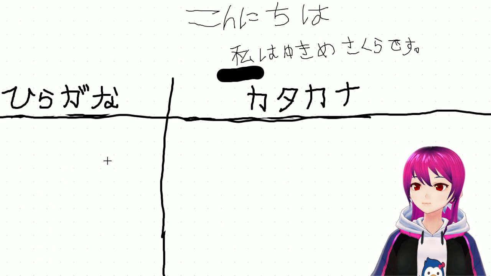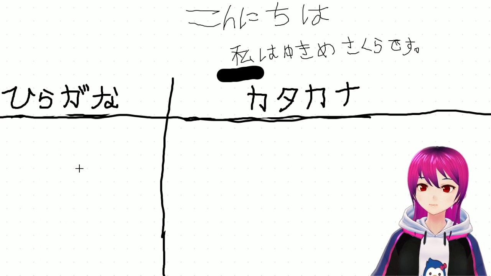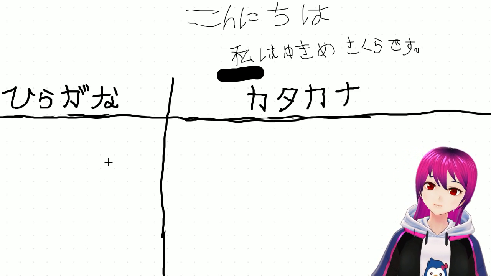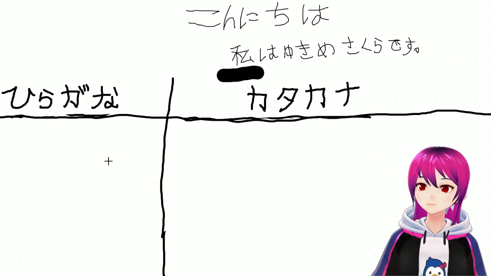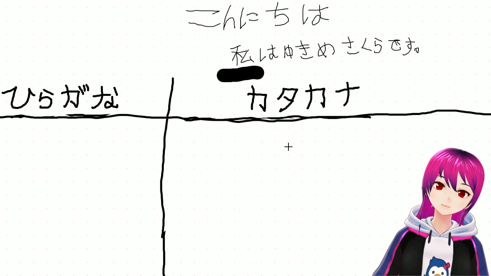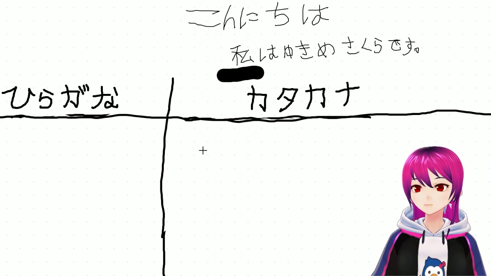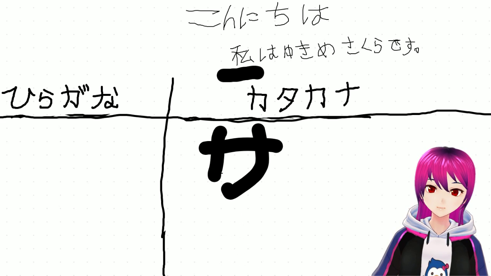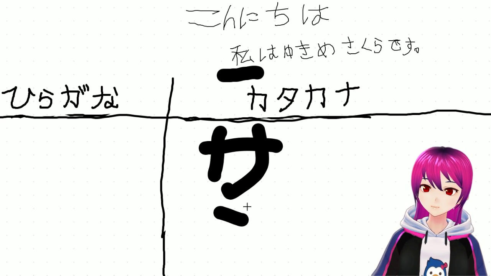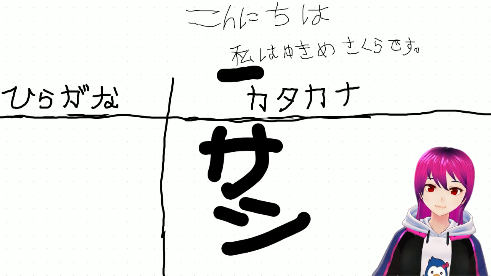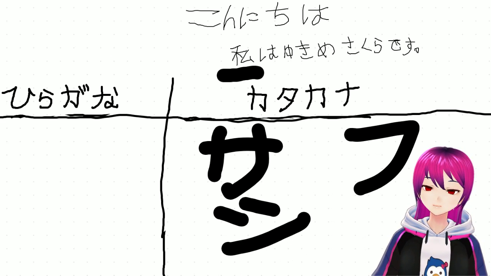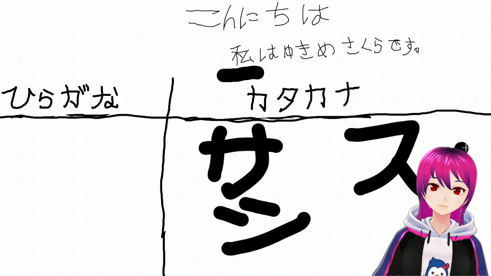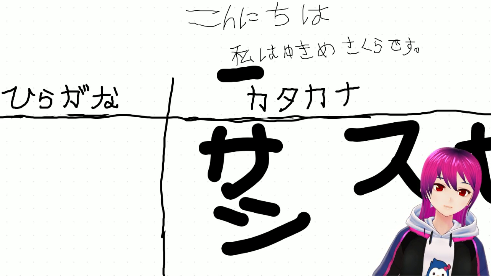For our next series, it gets even a little bit tougher. Well, hold on, we have not gone over the Katakana series yet, have we? It's Katakana for the S series. We have sa, shi, su, se, and so.